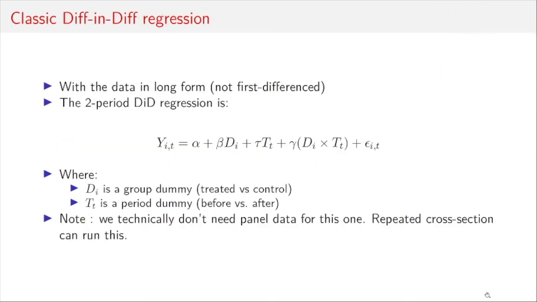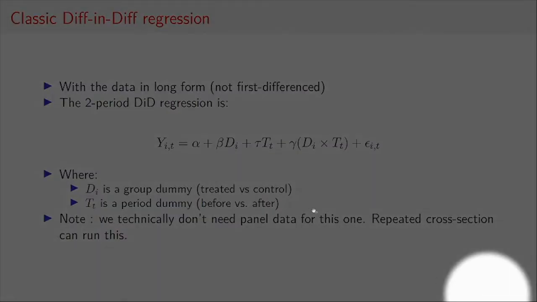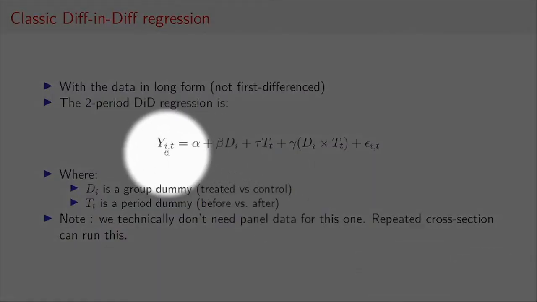So the classic difference in difference regression is one that you actually run when your data is in long form. So you do not first difference, you keep it stacked. Let's imagine this to be a 2-period diff regression. On your left-hand side, you have y_it, i is the individual, t is the period, before and after.